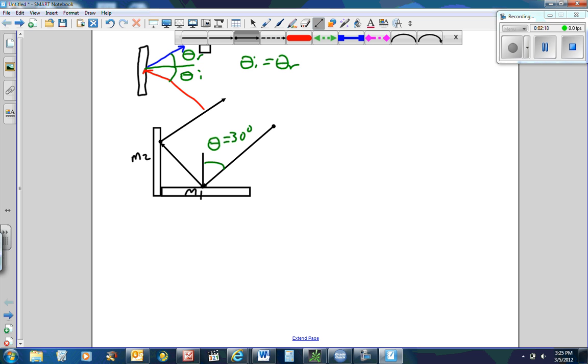And then it's going to reflect off like that. In the middle is going to be another one of those. So we have an angle of 30 degrees here also.